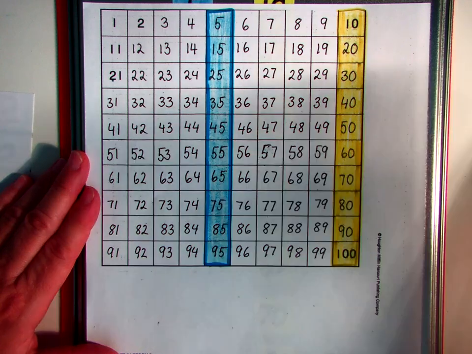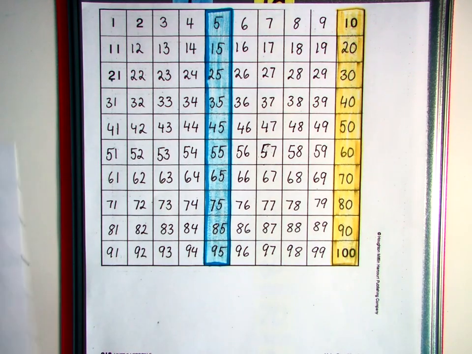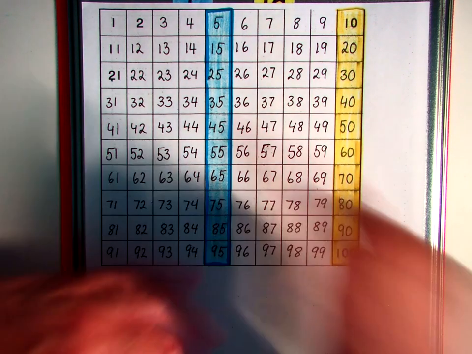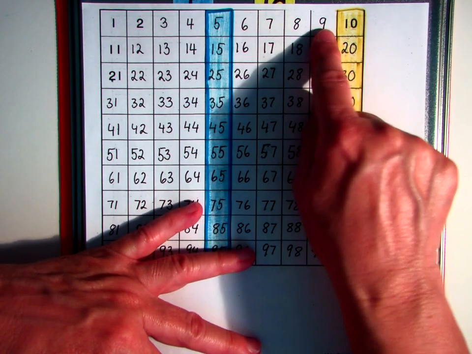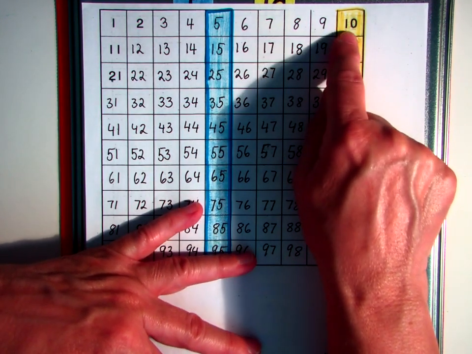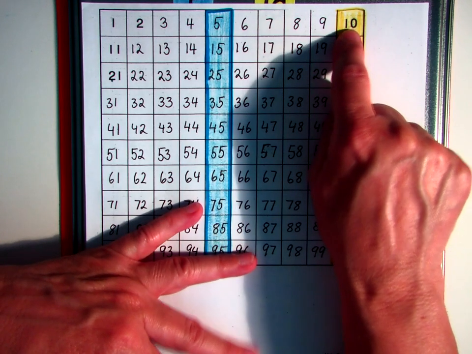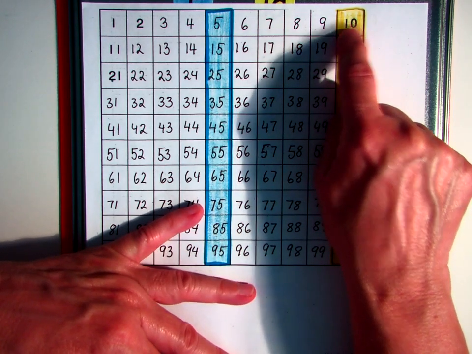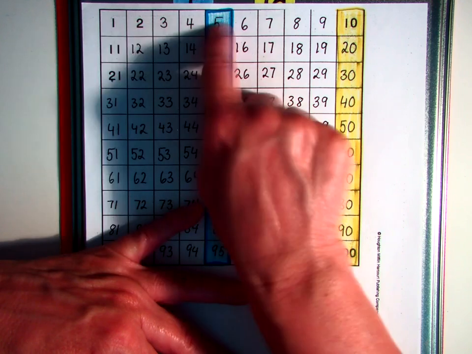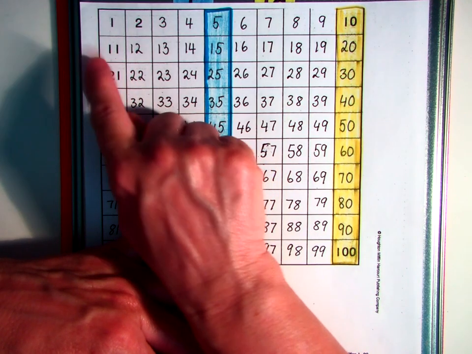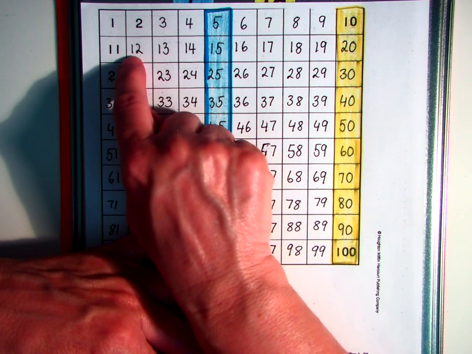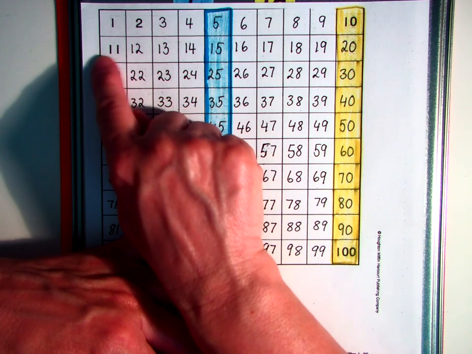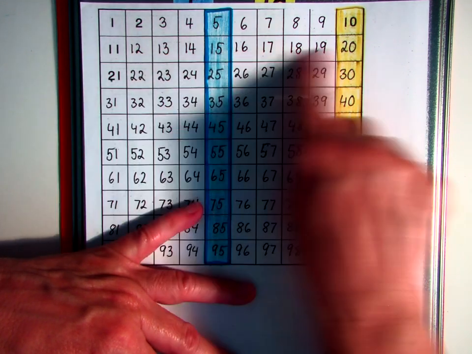All right. So looking at this chart, remember, when you look at the numbers closely, you have all the ones up to the 10. So we have all single ones up to 10, and then now all of a sudden we have a group of 10. Then we're going to add the same single ones again to our one group of 10. So it's one group of 10 plus 1 is 11, one group of 10 plus 2 is 12, and so on it goes until we get up to 20.